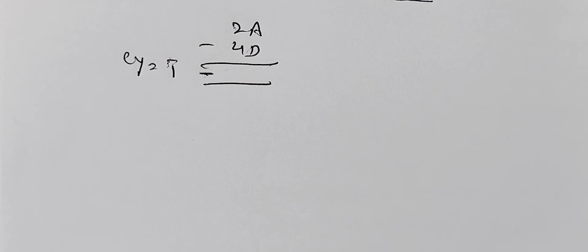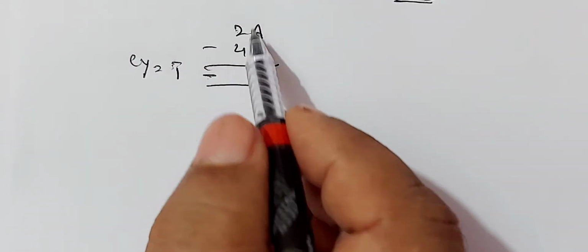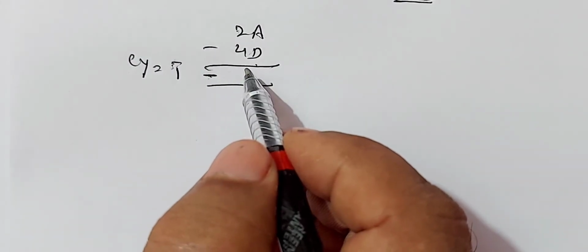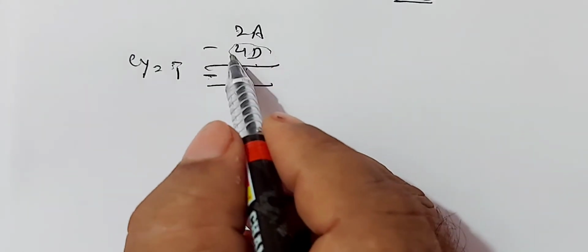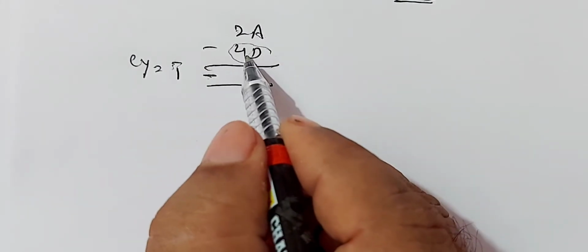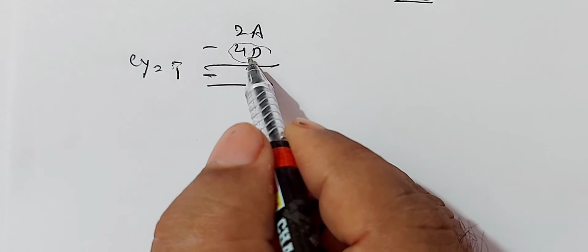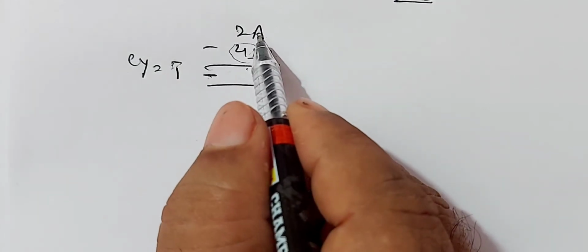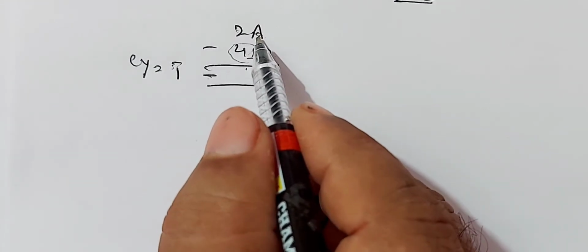The carry flag is affected and it becomes 1 with a borrow 1. In the subtraction, it is a borrow 1. But mathematically, you cannot subtract higher number from lower number. In that case, we will take the 2's complement of this number, then add the 2's complement of this number with this number, and the result is obtained.